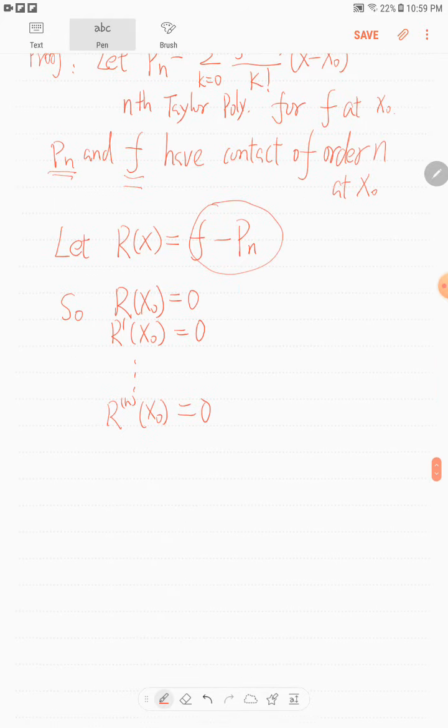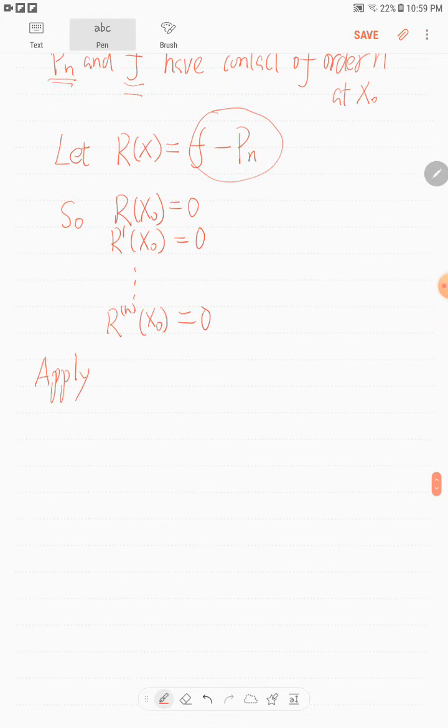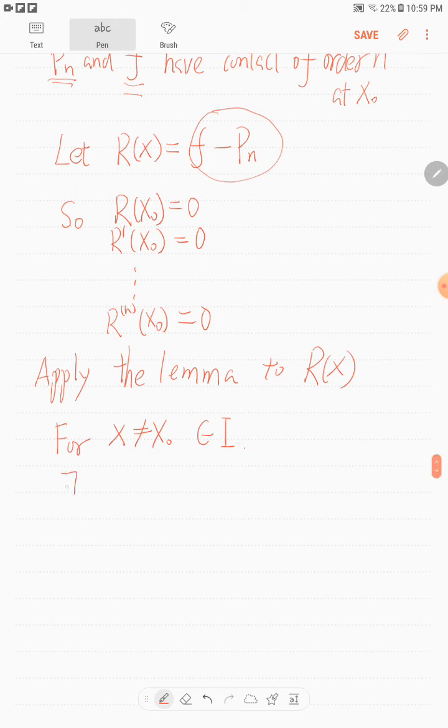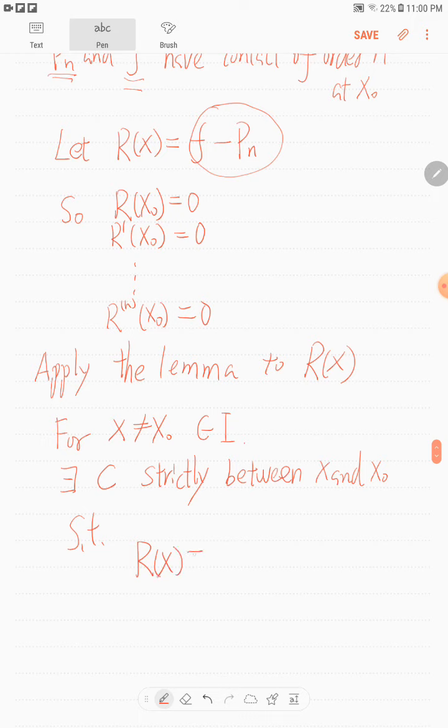Then we can use the lemma. We apply the lemma to this function R. For x not equal to x0, in the interval I, there exists a number c strictly between x and x0 such that R of x is equal to the (n+1)th derivative of R at c over (n+1) factorial. The (n+1)th derivative always exists, right?